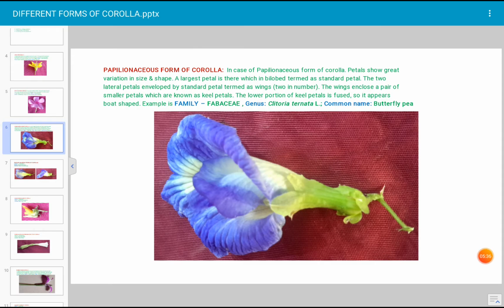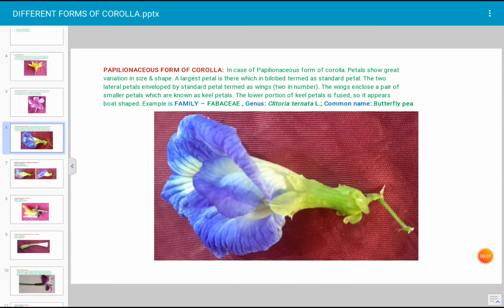In the papilionaceous form of corolla, petals show great variation in size as well as in shape. There is a very large petal which is slightly bilobed at the upper end, and it is described as the standard petal.